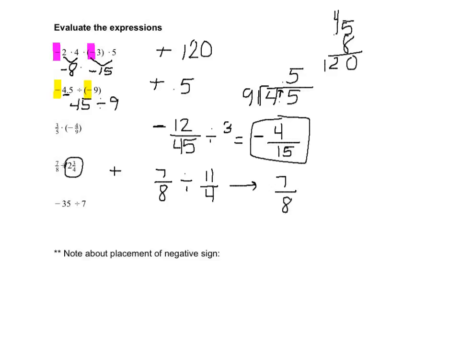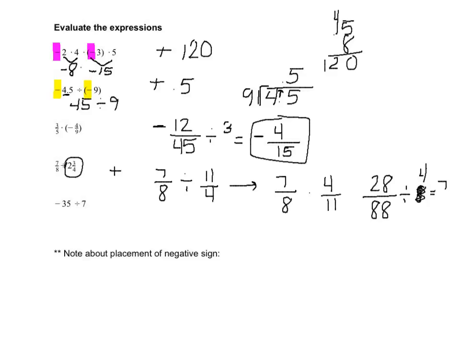Now many of you remember that division was changed to multiplication using the reciprocal. So 7 times 4 is 28. 8 times 11, 88. Now this one, you would need to simplify again. I'm going to start with 4. 28 divided by 4.